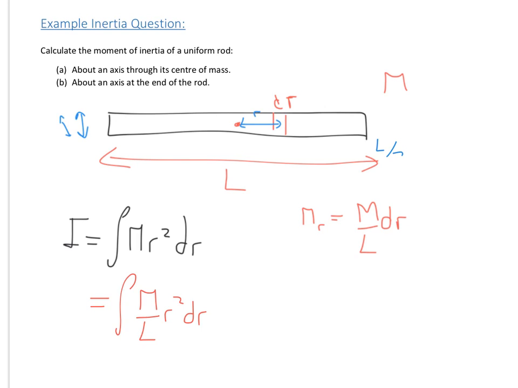and if that's length L, that must be L over 2 at this end, and this must be minus L over 2 at that end. So those will be the limits for our integral. So we put those in. Let's take the M over L outside, and we're going to end up with it's going up to r cubed, which means we'll take 3.